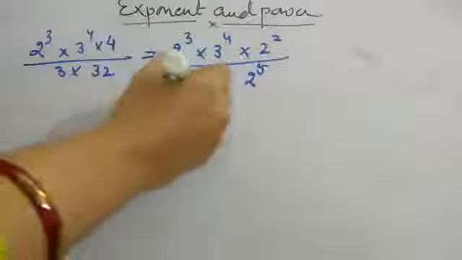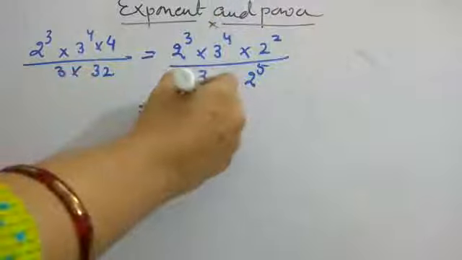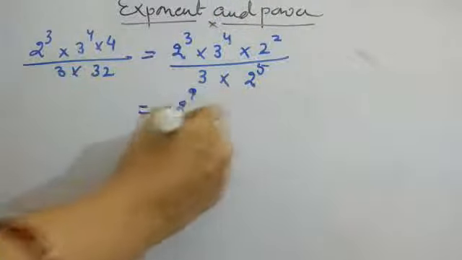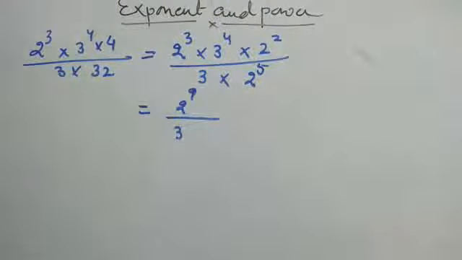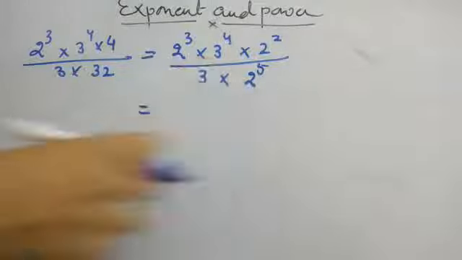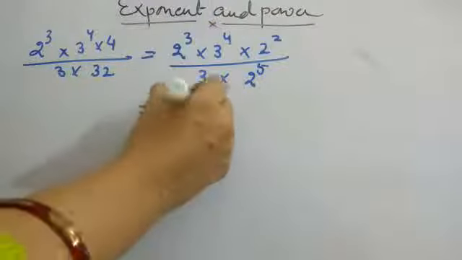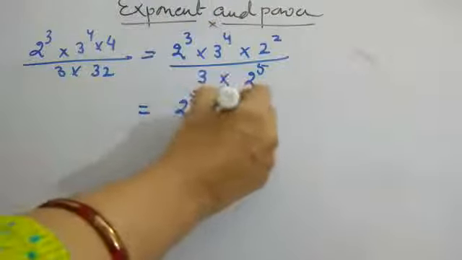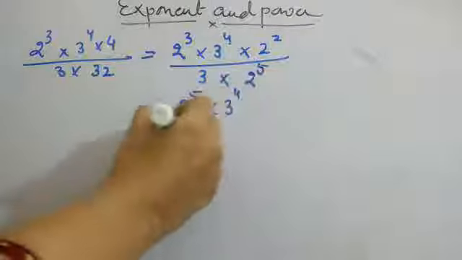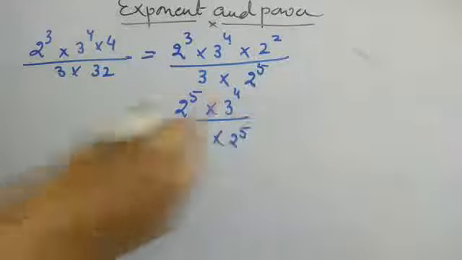So this is 2 to the power 3, and this is 2 to the power 2, so it makes 2 to the power 5, and this is 3 to the power 4 upon 3 into 2 to the power 5.